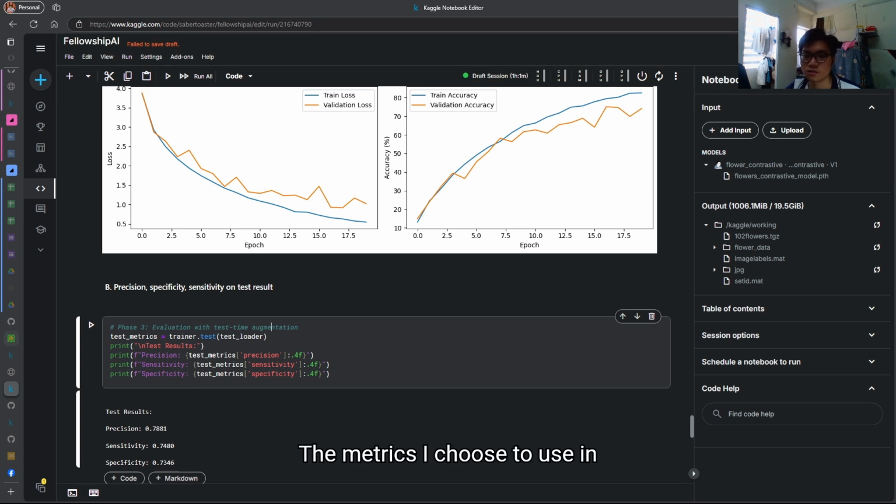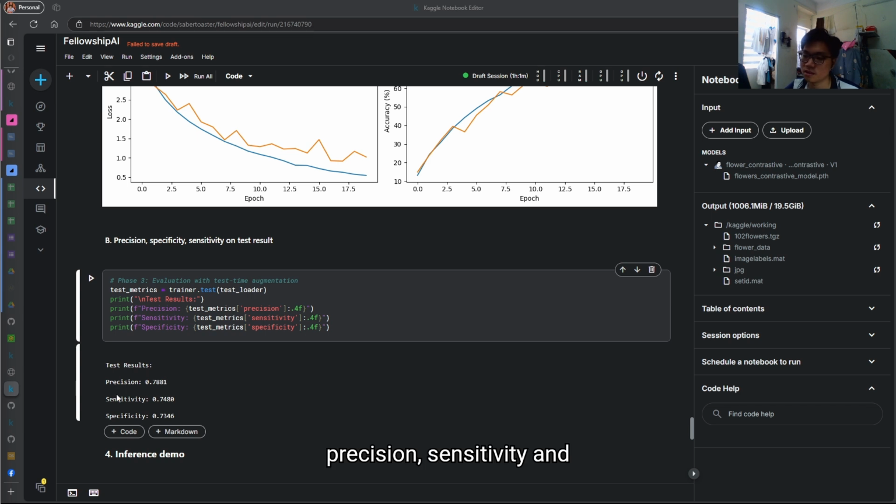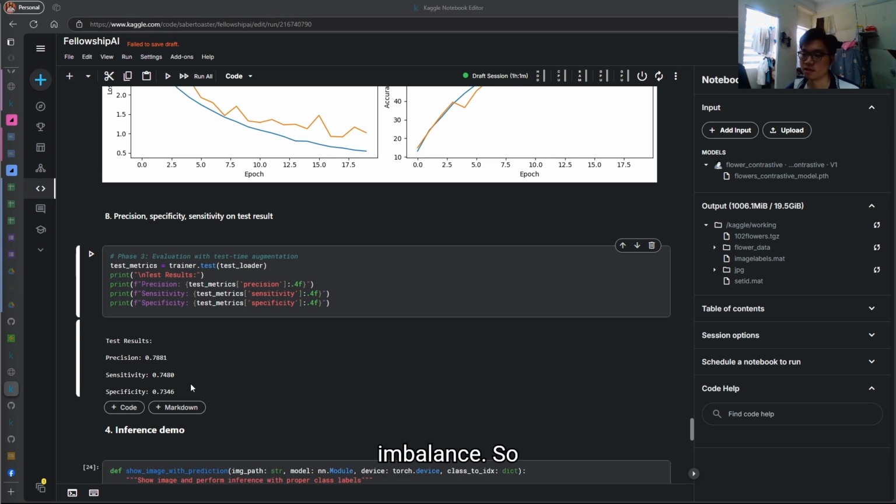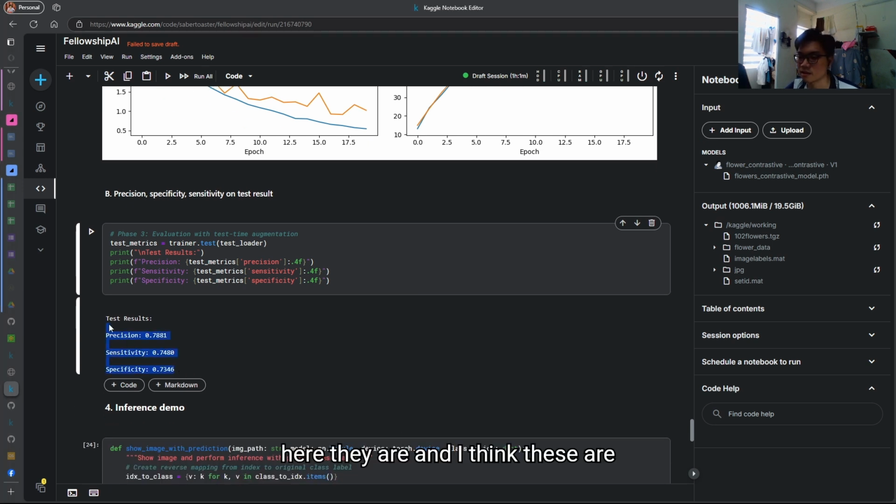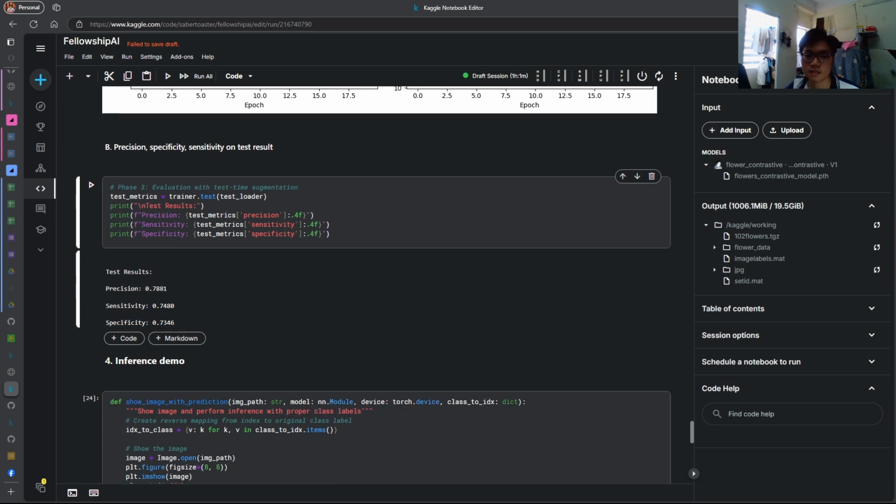The metrics I chose to use in analyzing the test results are precision, sensitivity, and specificity, due to the class imbalance. So here they are, and I think these are pretty good results.